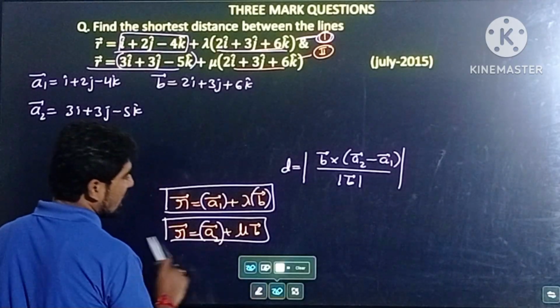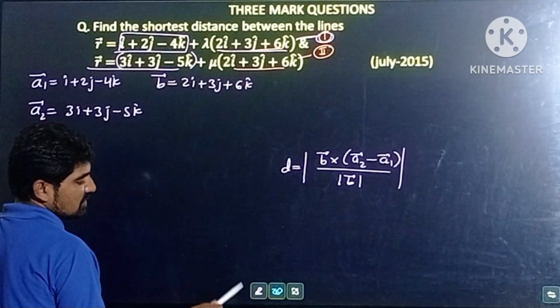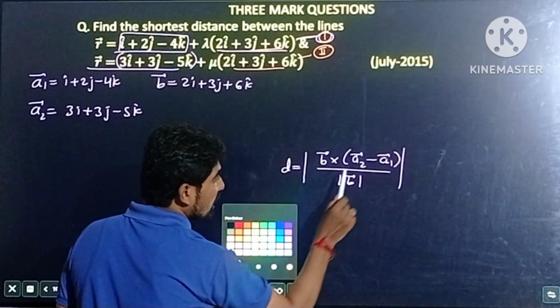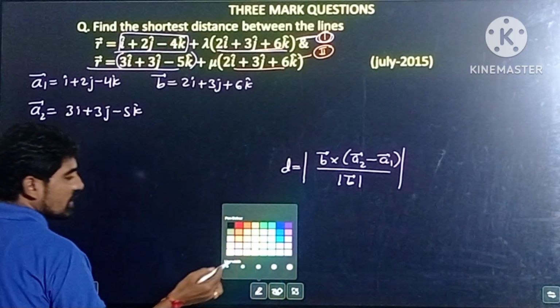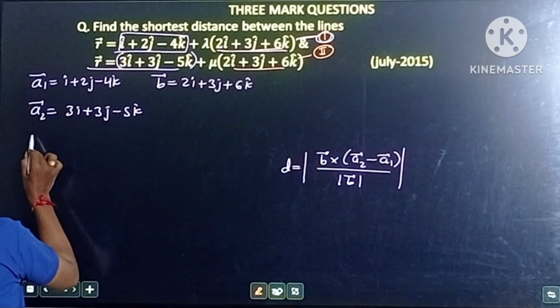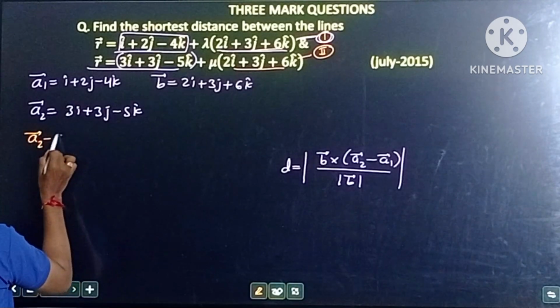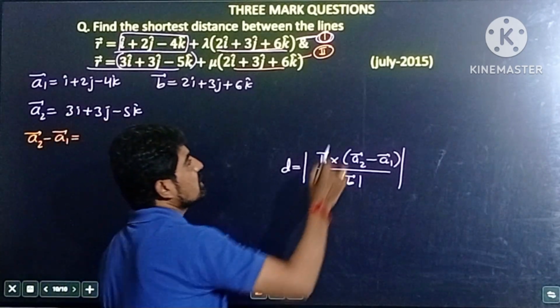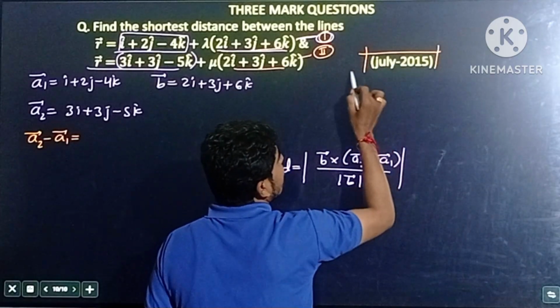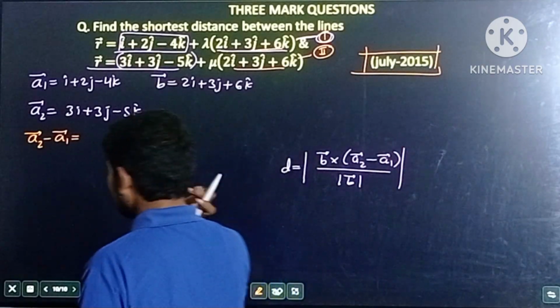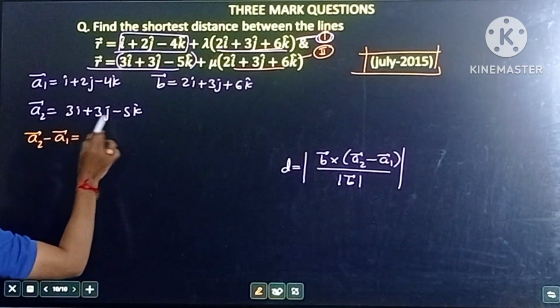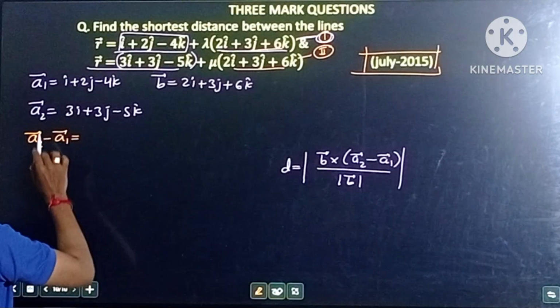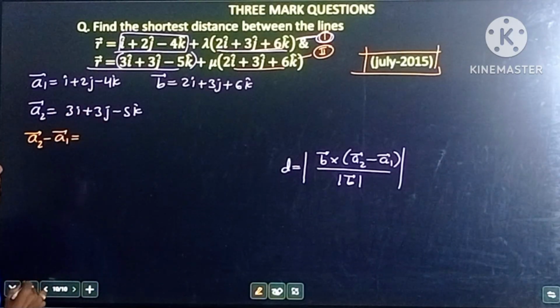Now see here, to identify the shortest distance, we need what? A2 vector minus A1 vector. One more thing, this question was asked in July 2015. See here, A2 vector is 3i plus 3j minus 5k and A1 vector is i plus 2j minus 4k.